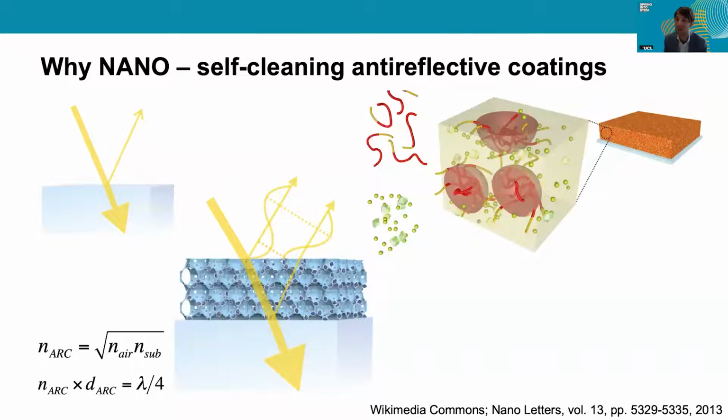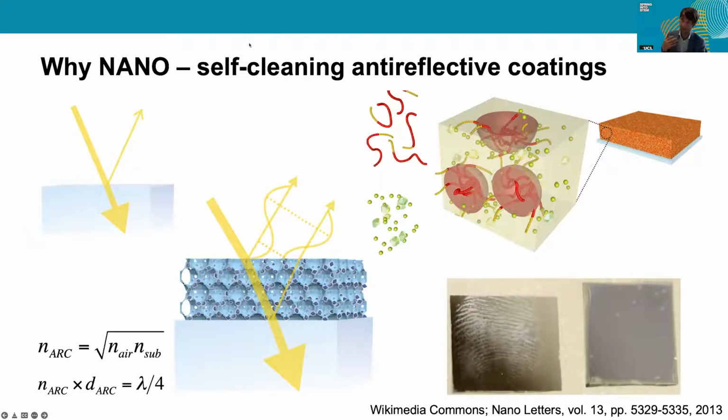And what you can then do is, after your processing, remove the organics, and you end up with a porous inorganic film where the structural features are directly related to the self-assembly that was imposed on it.